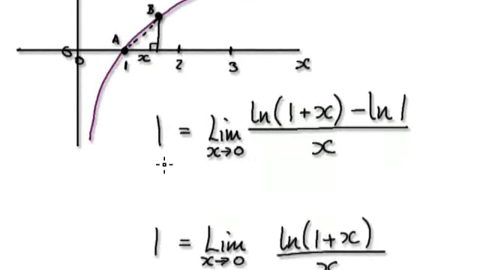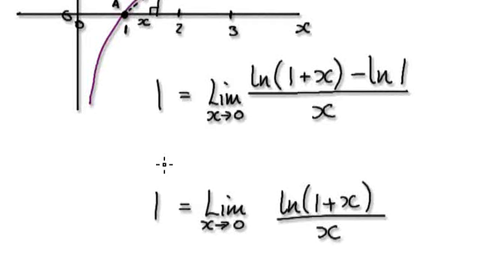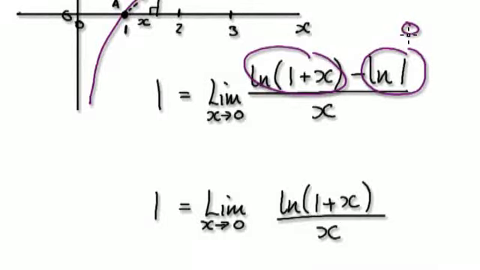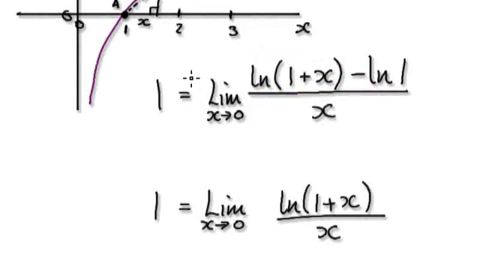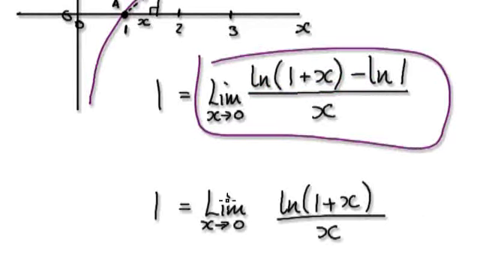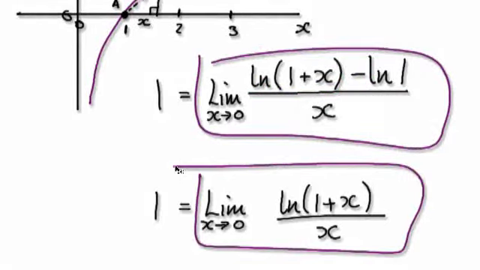Okay, so now hang on. So this bit here, natural log of 1 is 0. So you have this thing, take away 0, divided by x. So we can pretty much ignore this. So this whole thing here simplifies to this.